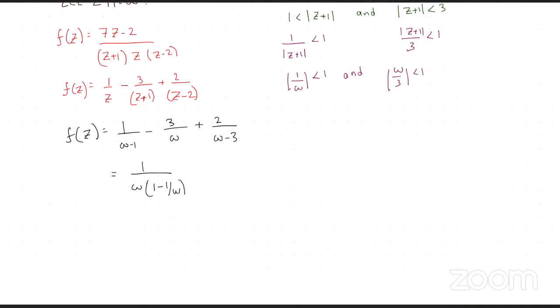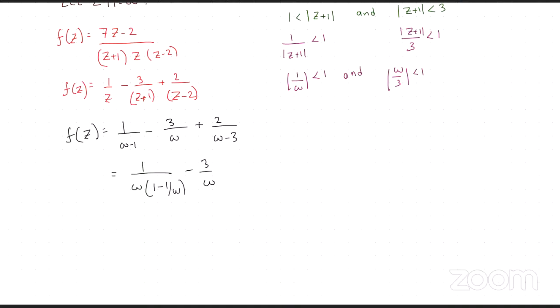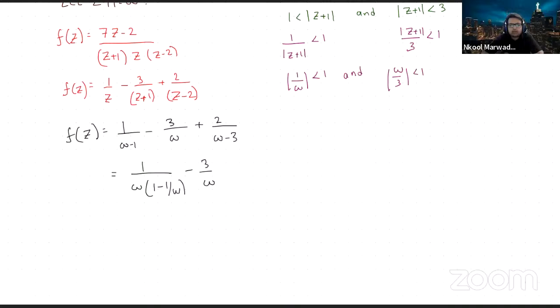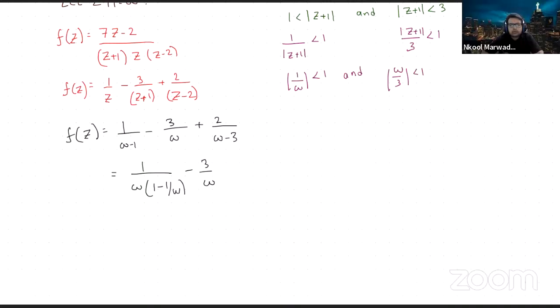No negative sign will be outside, because we are just taking omega outside, or you can consider it as multiplying and dividing by omega. That's it. So omega by omega will be 1 minus 1 by omega, isn't it?